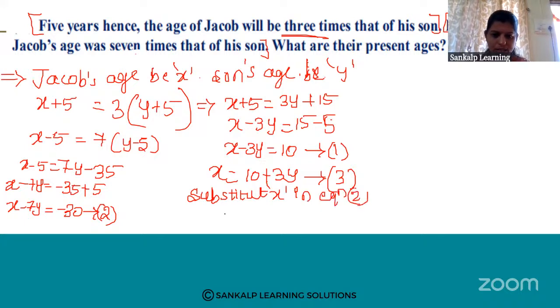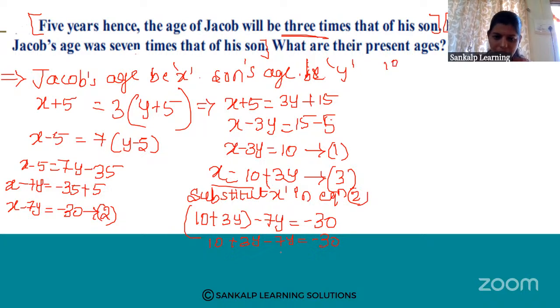Right? So what is equation number 2? X minus 7Y is equal to minus 30. So what is the X value? X value is 10 plus 3Y, so 10 plus 3Y minus 7Y is equal to minus 30.